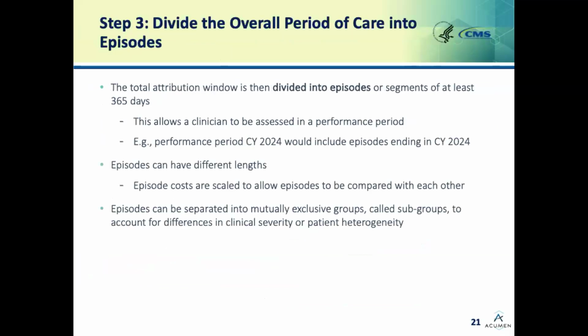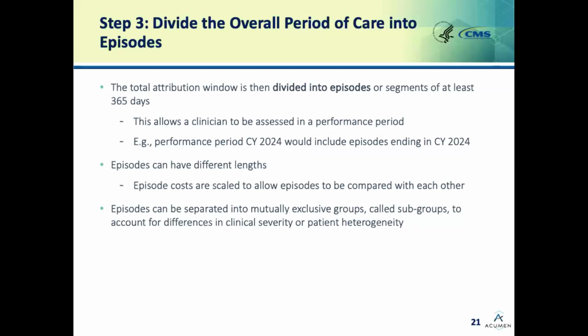We define an episode as a set period of time during which cost can be assessed and then attributed in the study period in which it is. And so this episode forms a unit that allows us to examine costs and compare clinician performance. For greater granularity, episodes can be stratified into a set of mutually exclusive and exhaustive patient cohorts that we call subgroups.